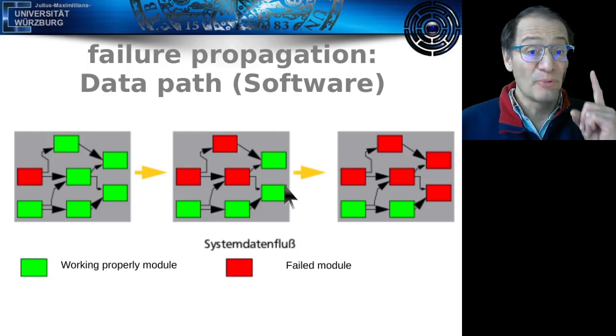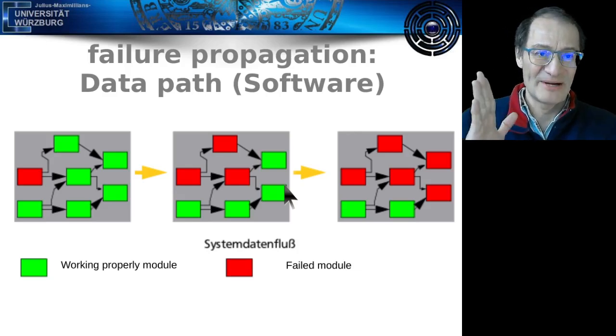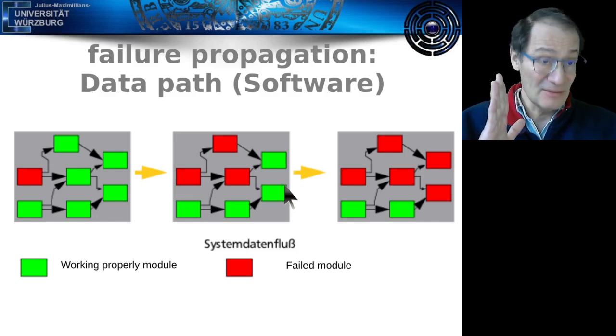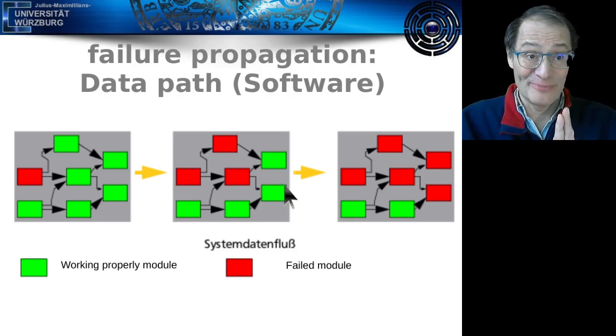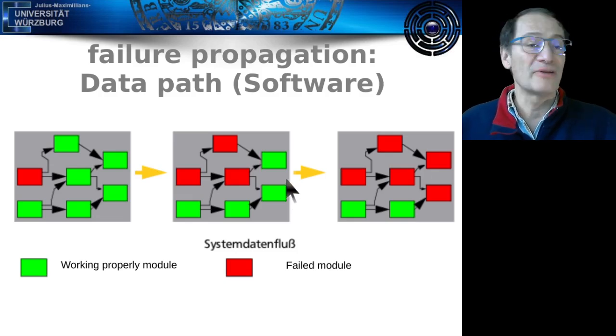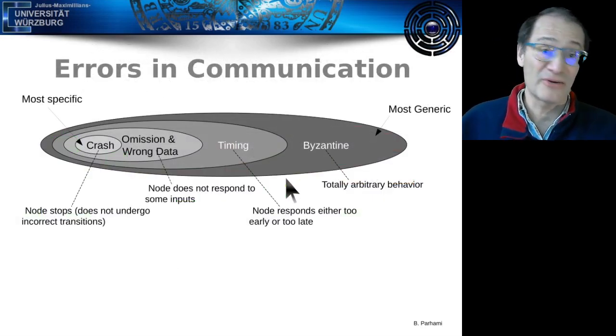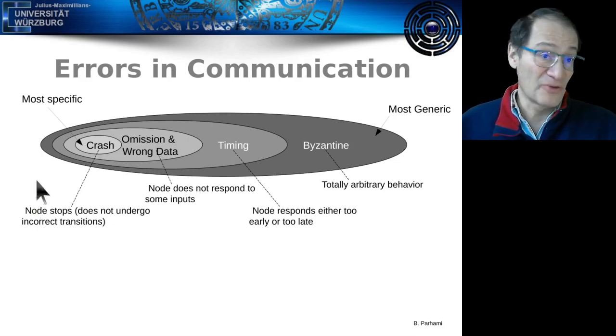And we have one more scope of failures or faults. Do you know which? We have already mechanical or electrical. We have software. There is one more. Communication. Yes, we have another scope of errors or faults, and these are errors in communication. Okay, we have different types of communication errors.